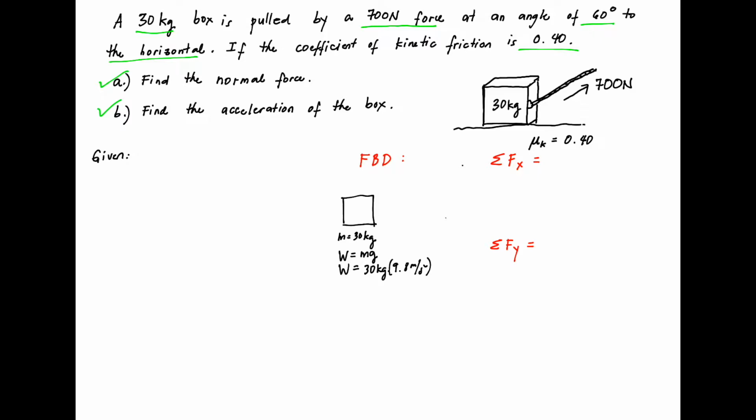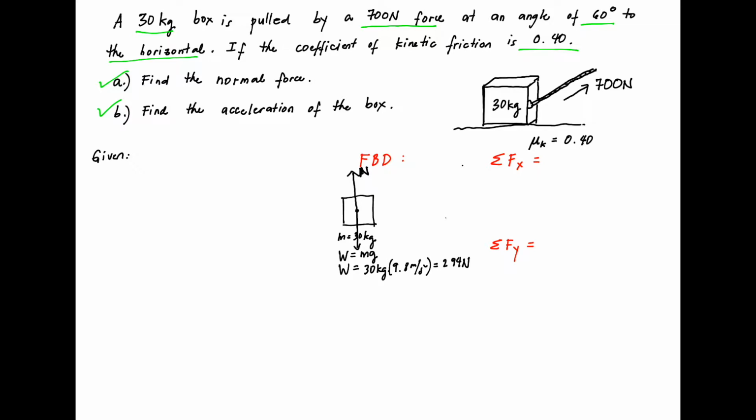Therefore, the weight is equivalent to 294 Newtons. The direction of the weight is going down.